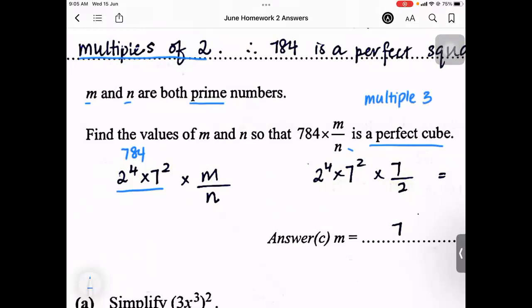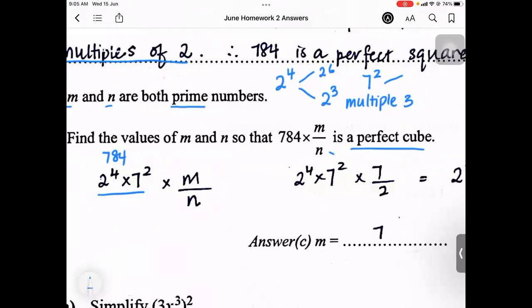What are the numbers we have? We have 2 to the power of 4. Either it can become 2 to the power of 6 to be a multiple of 3, or it can reduce in power to become 2 to the power of 3. Then we have 7 squared. Either it can become 7 cubed, or it's totally 7 to the power of 0, no 7 at all.